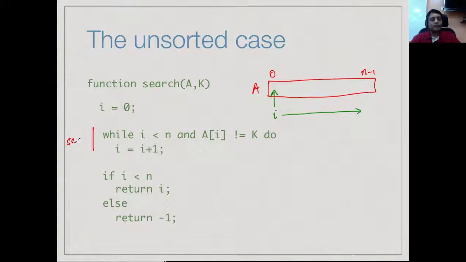The scan either terminates when you reach the end without finding it, or when at some position i we find that A[i] is equal to k. Depending on that, we either say that it is found, in which case we return the position, or we have reached i equal to n, which means we have gone beyond A[n minus 1], and so we return minus 1, which is an invalid position, to indicate that it's not found.